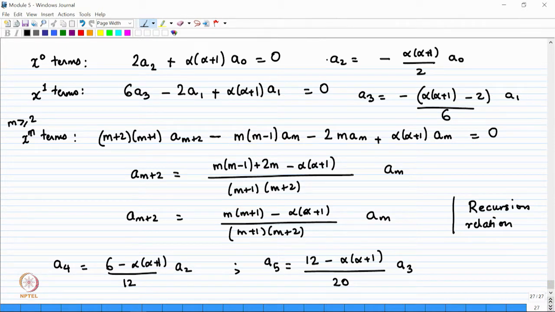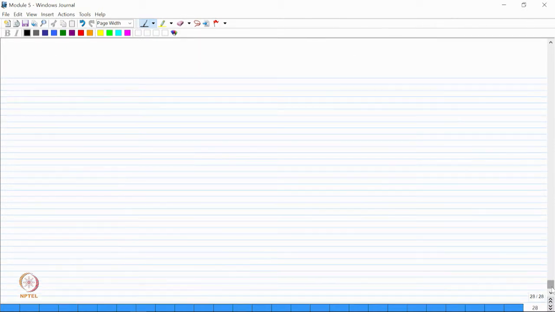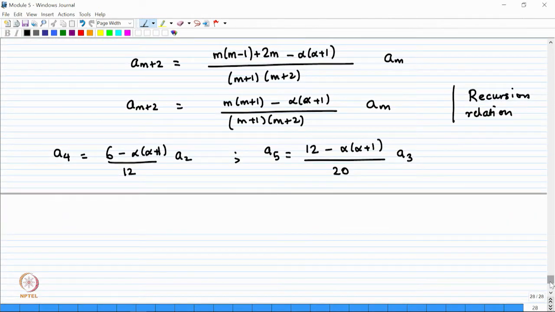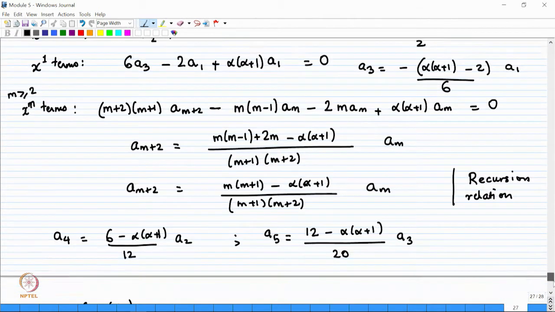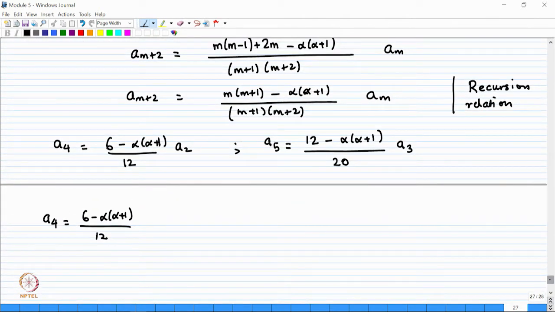And you can do a few more things. If you look at a_4, I can write it as (6 minus alpha plus 1) divided by 12, and for a_2, I can use my expression and write it as (0 minus alpha plus 1) divided by 2 times a_0.